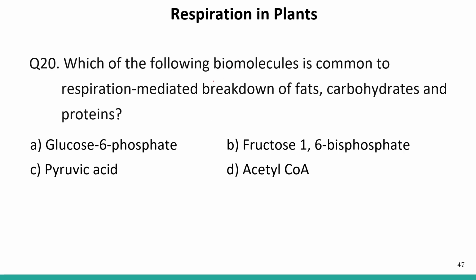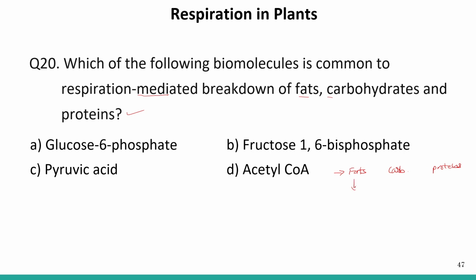Now coming to the next question, which of the following biomolecules is common to respiration mediated breakdown of fat, carbohydrates and proteins? So we know that the respiratory pathway is interconnected. Suppose we have fats here, then carbohydrates, and then proteins.